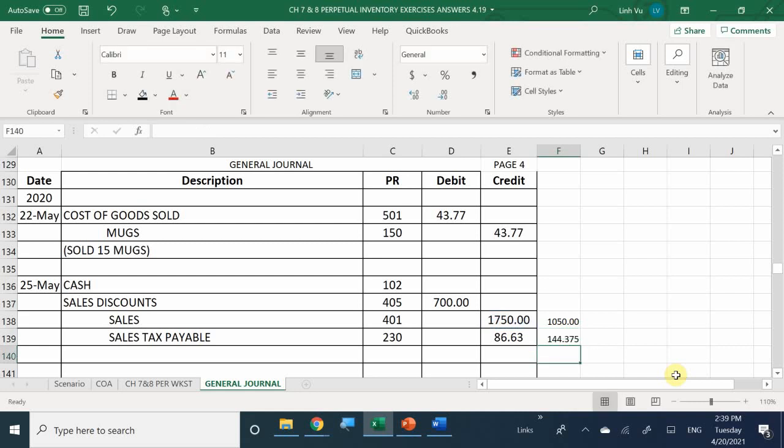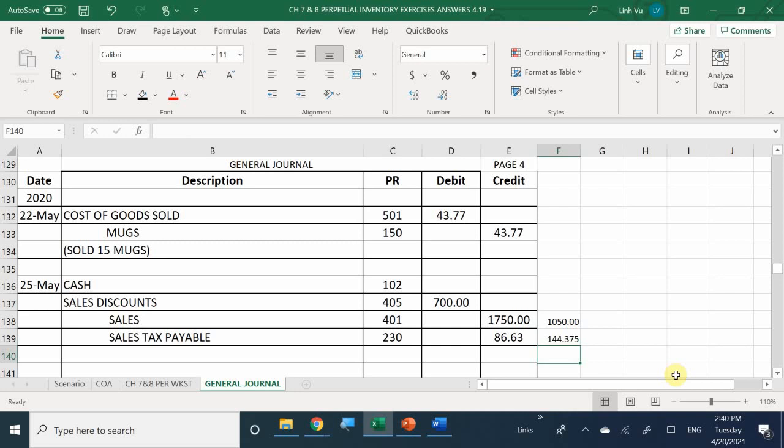Okay, so remember, did you sell a grand total of the 1750? No. No, we took a discount, right? We actually only sold 1050. Because that's how much we calculated if it was a regular sale. However, we discounted our sales.